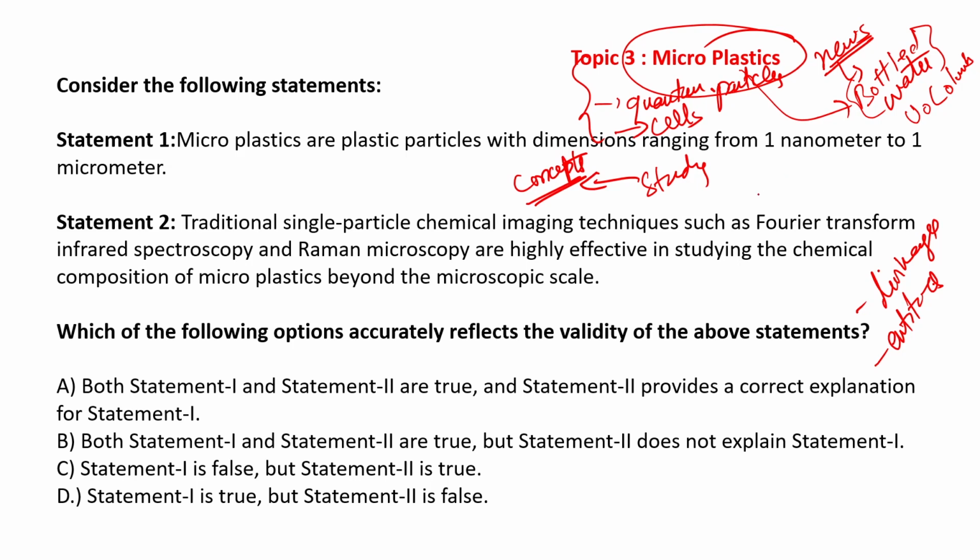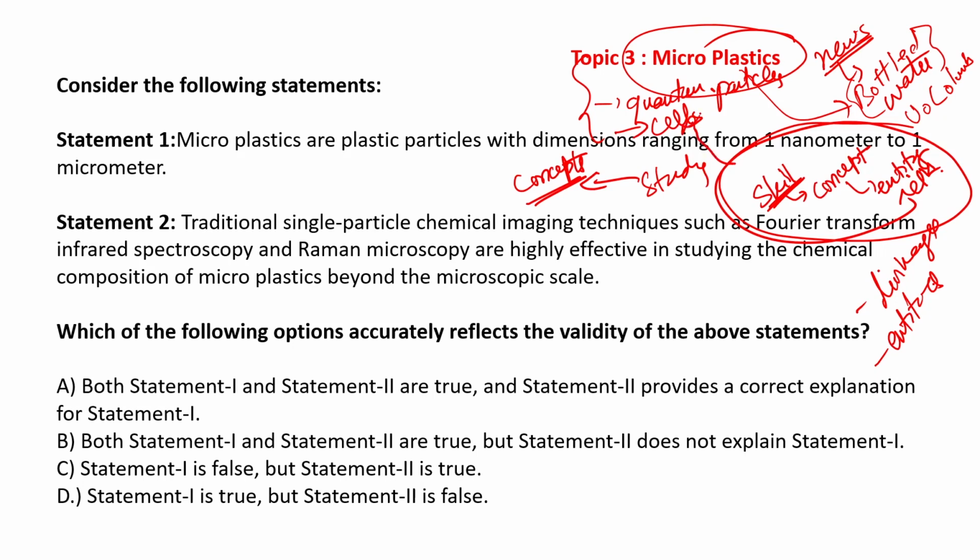Hence, a key skill which is needed is the concept and entity relationship. A key part of the approach is to build that relationship so that you can deduce the correctness of the question.